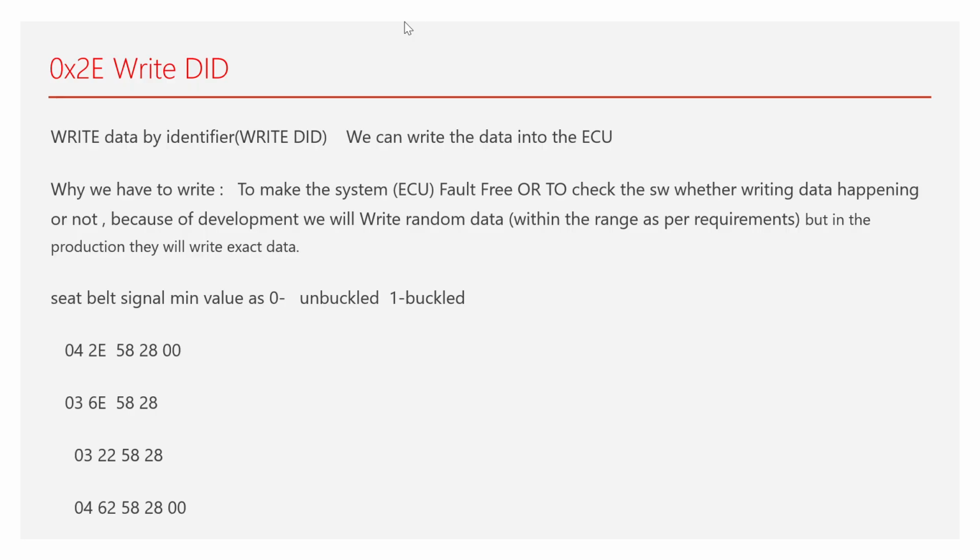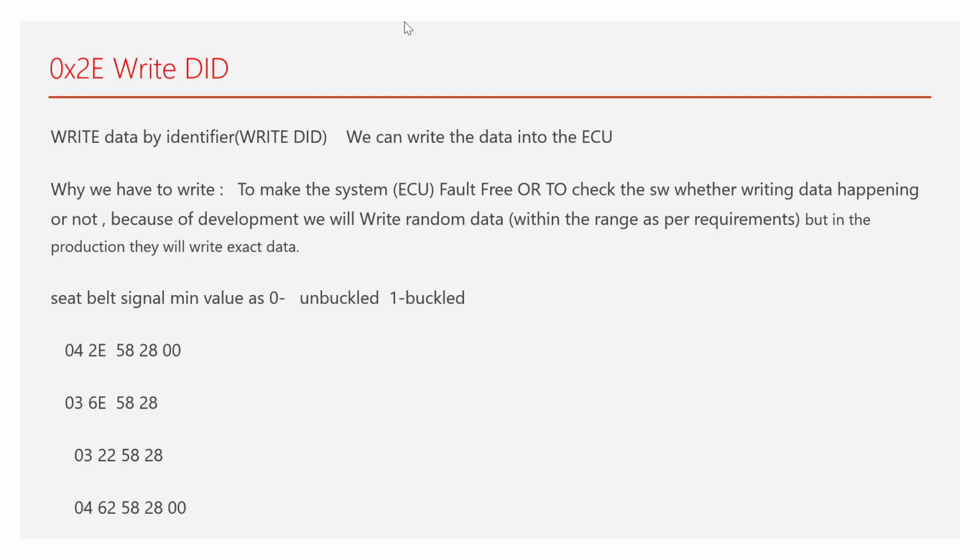Sometimes in the developing stage, developers are developing the code, they give random data and check the random outputs against the requirements. But in actual time, when the original product is prepared, in the production time, they will give the exact outputs we have to use from this particular ECU.